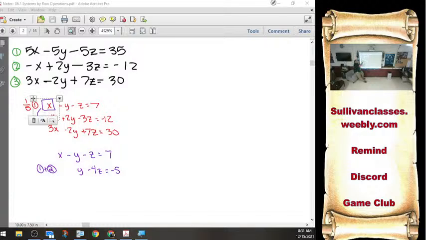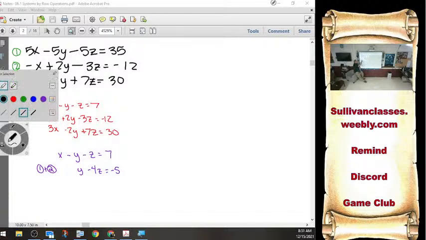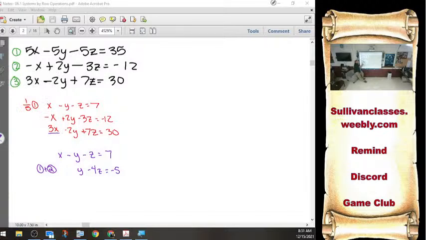Now I don't have to use this x. I just need to eliminate that triangle of values. How could I get rid of this one? Okay, choices, right? I could take this top equation times a negative 3 and add it, or the second one by a positive 3 and add it.